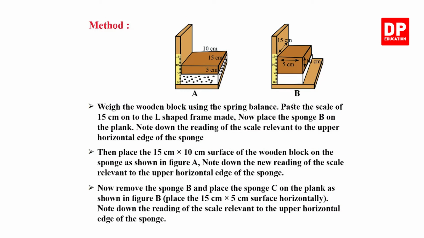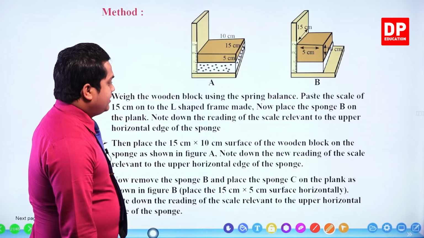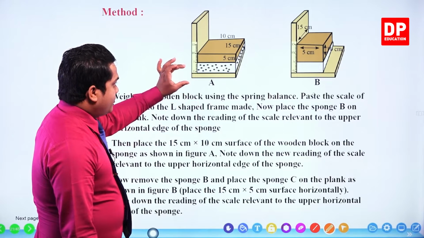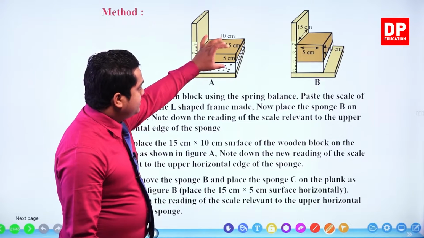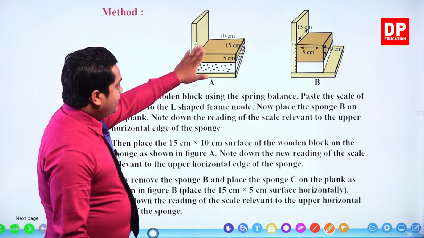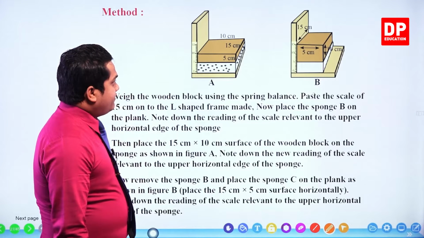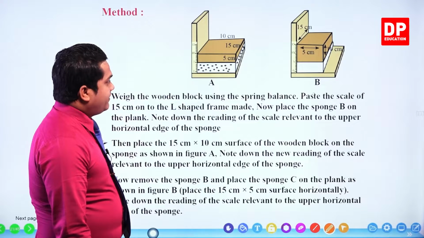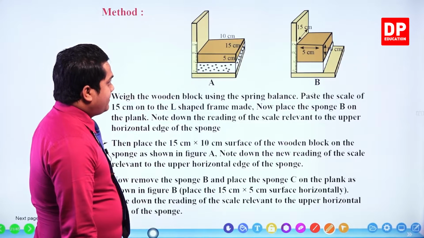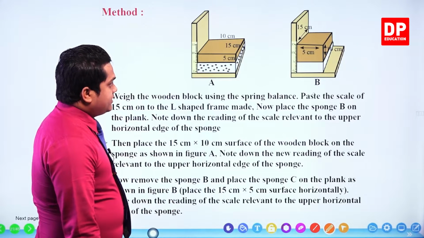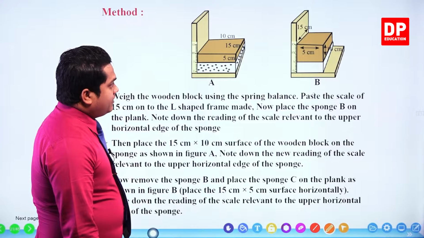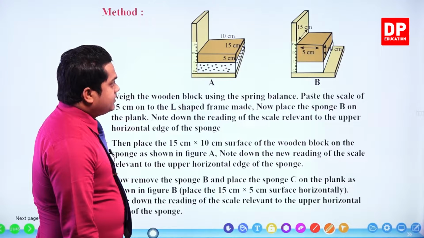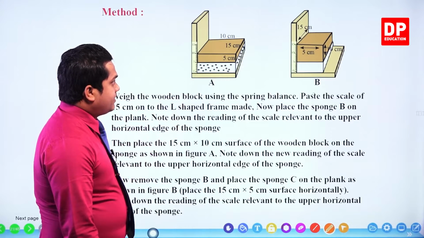Right. So this is the way of doing the experiment, my dear children. First of all, you have to keep this surface in contact with the sponge, 15 by 10 according to the diagram. Then you have to change the surface and keep 5 by 10, 15 according to the diagram given.